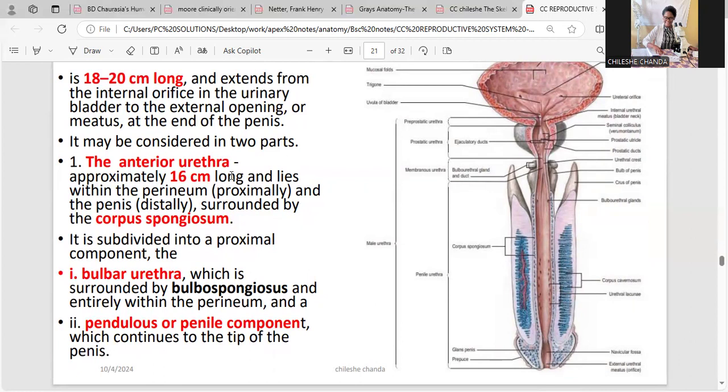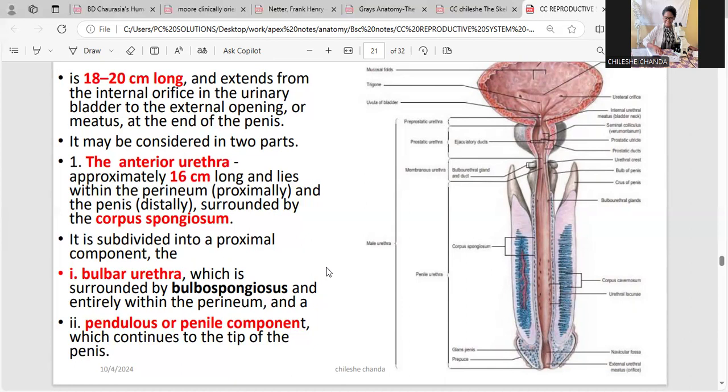We have an anterior urethra, which is approximately 16 centimeters long and lies within the perineum and the penis. So proximally, meaning inside the body, it lies within the perineum.